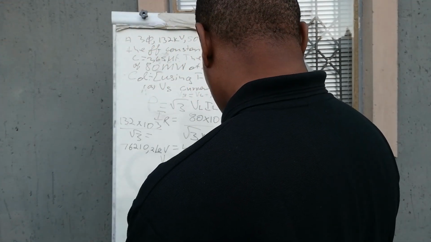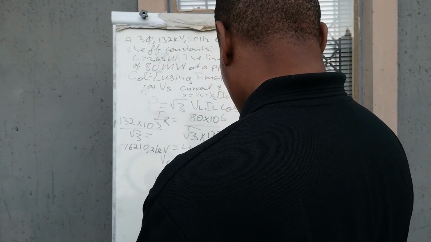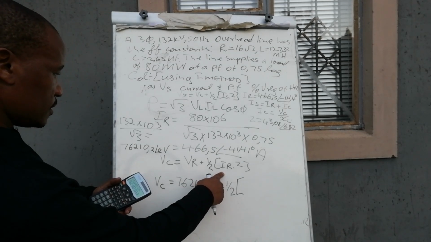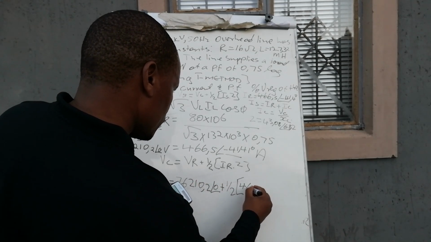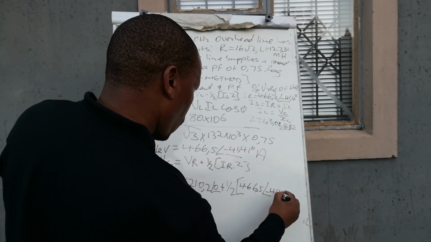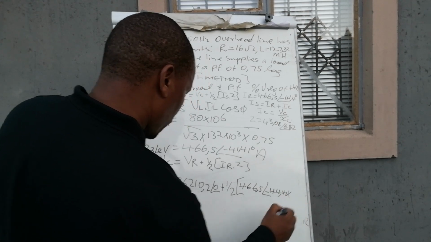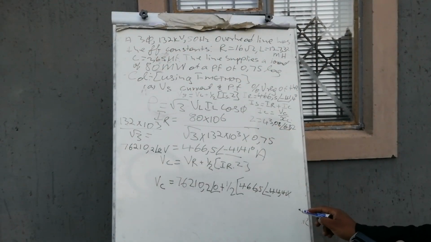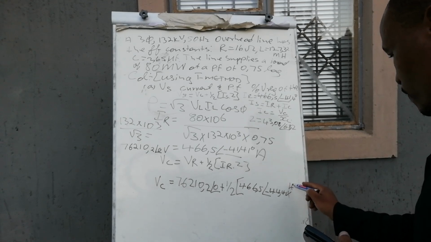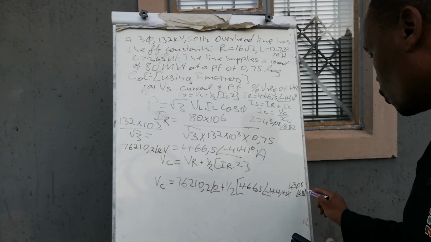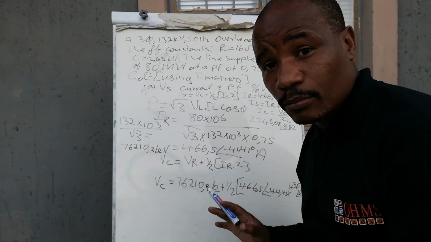It is equal to half into the current, which is calculated as 466.5 angle of minus 44.41, multiplied by the impedance, which is calculated as 43.08 angle of 68.2.